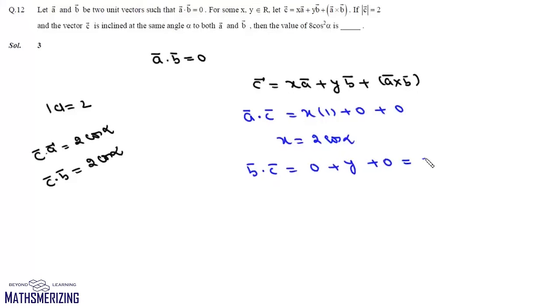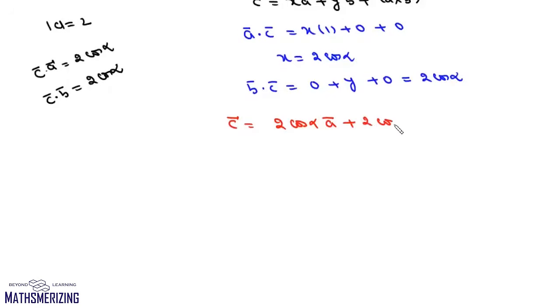So the value of Y is also 2 cos alpha. So now we can write vector C equals 2 cos alpha A plus 2 cos alpha B plus A cross B.